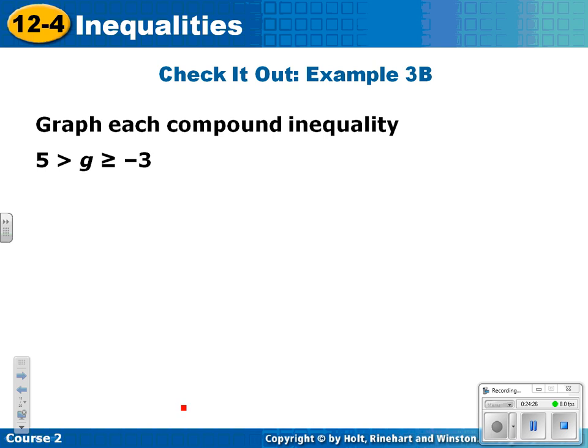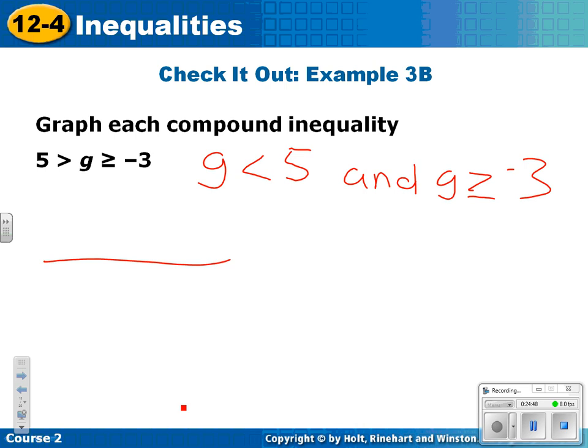Yeah, I would rewrite this to say G is less than 5 and G is greater than or equal to -3. Then I would make it on 2 graphs.